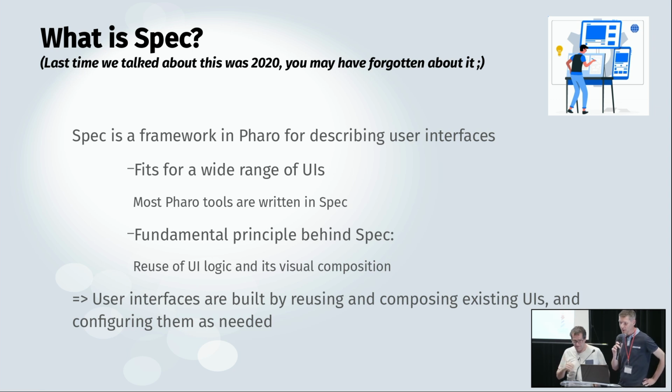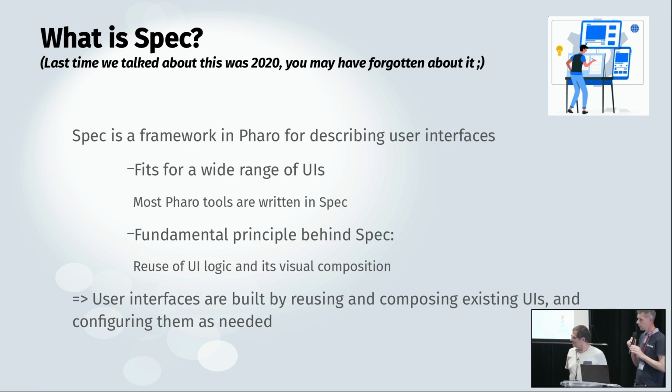So maybe you already know, but just a reminder about what is Spec, because even if we discuss that at each ESUG, the last presentation about Spec was already 4 years ago, so you may have forgotten about it. So Spec is a framework in Pharo for describing user interfaces.